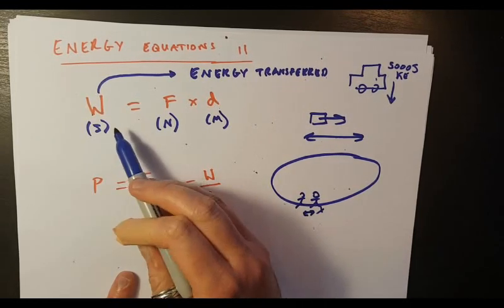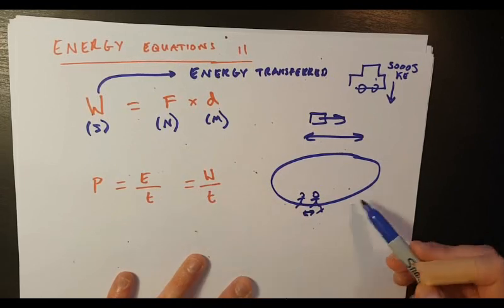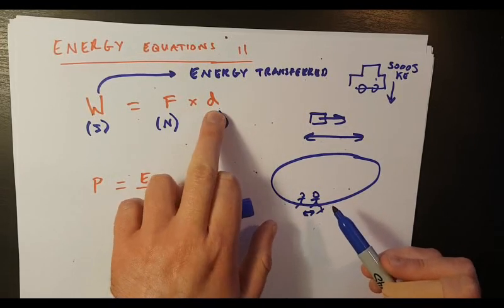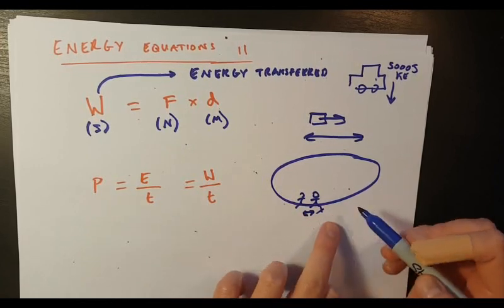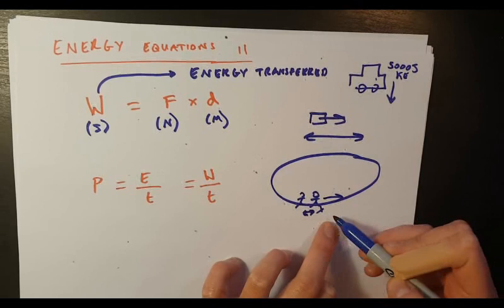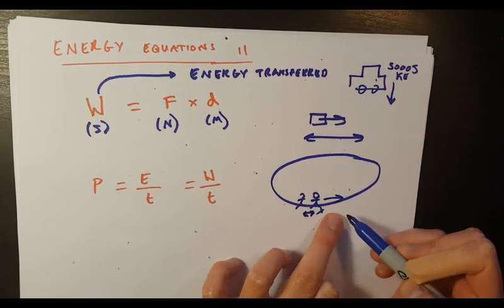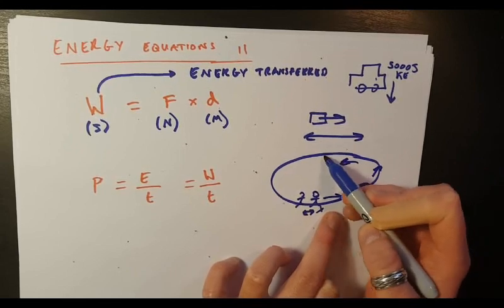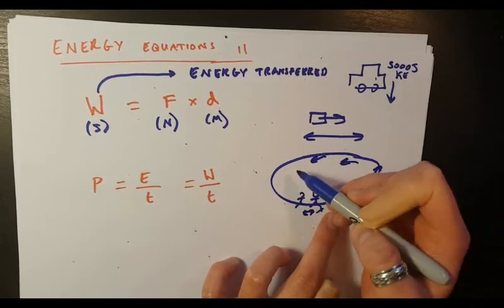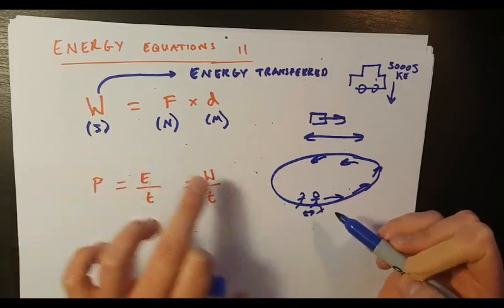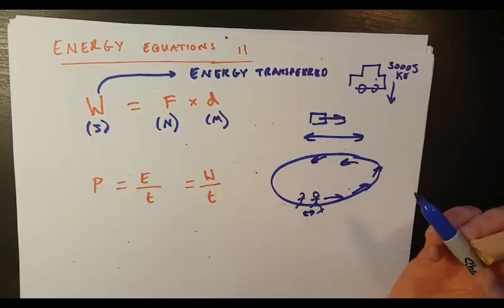So therefore, your work done would be 0, even though you've run all the way around. So what you've got to think of is distance in the direction of the force. As you're running this way, you're applying force on your feet to get forward in this direction, and then this direction, and this direction, and this direction. So if we added up all these distances, you have done work done. And if we added all that work done, you've done the work done across the whole of the racetrack.